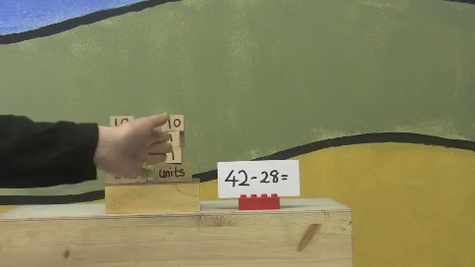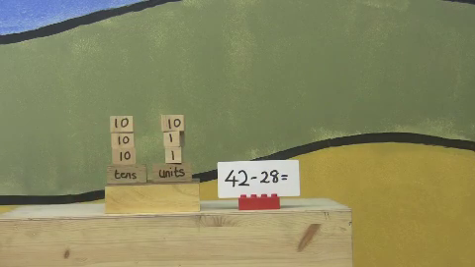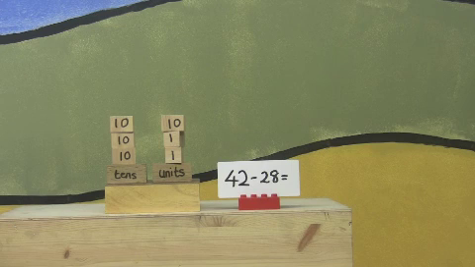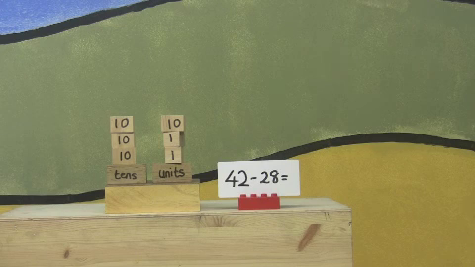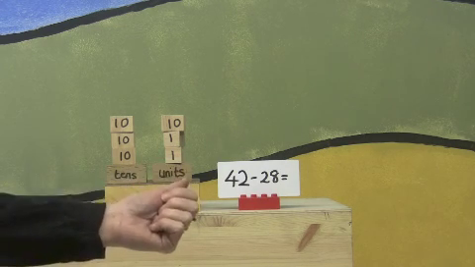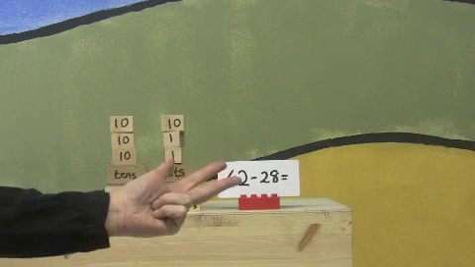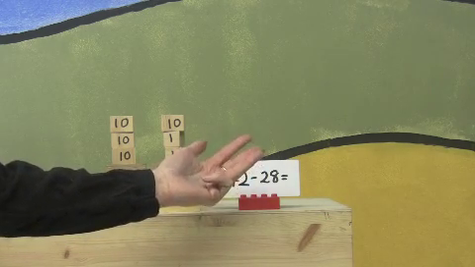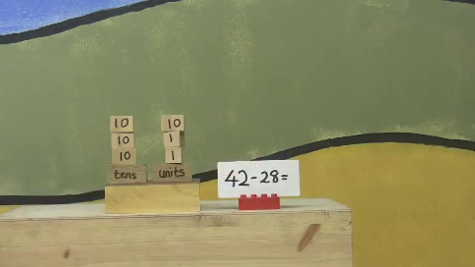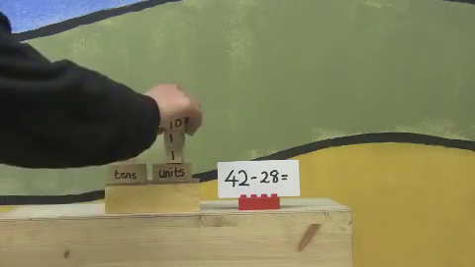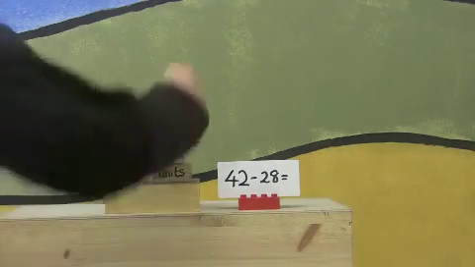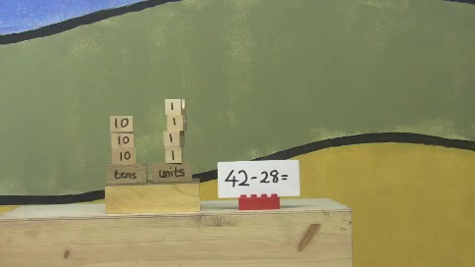I can now do my first part of the sum. 12 take away 8. 12 in my head, using my fingers, 11, 10, 9, 8. I've used 4 fingers, so the answer is 4. 12 take away 8 is 4. 4 units in the units box.